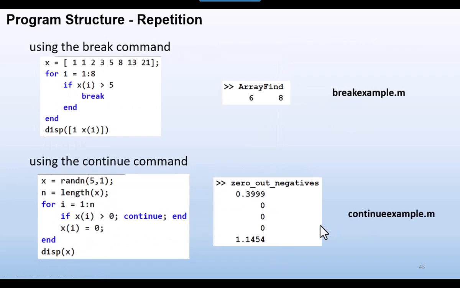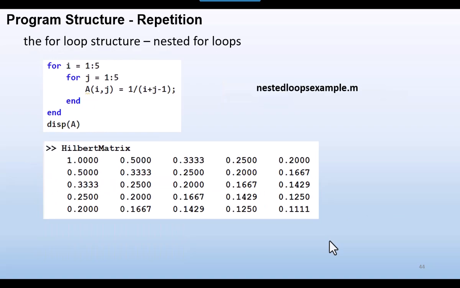And then we had our example using the break command and one using the continue command. And you'll notice here it knocked out the middle 3 values because that time through they came out being negative. Okay? And the final one we showed was doing the one for the Hilbert matrix with nested for loops, nested loops example.